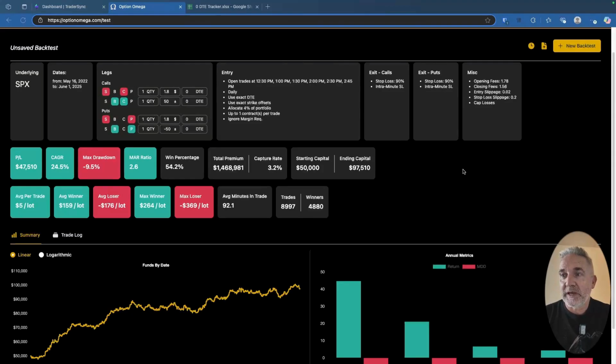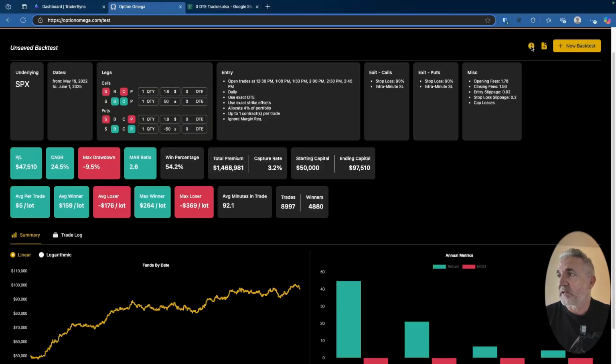All right, and so here we have the backtest for the same time period going back to May 16th, 2022. That's when the 0 DTEs started trading 5 days a week on SPX, and we can see the numbers are much different. The win percentage dropped down to 54.2%, much lower. The max drawdown is negative 9.5%, and the P&L is quite a bit lower as well.